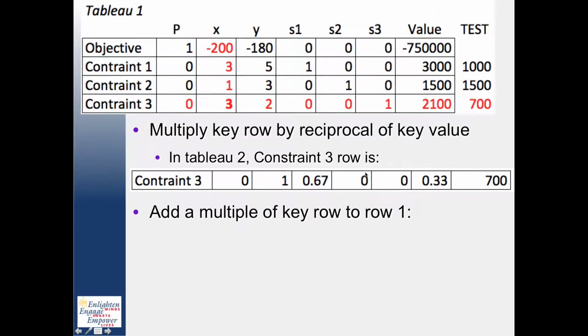And I want to add a multiple of this equation to each of the other rows such that these column values go to 0. So the key column is the second one.